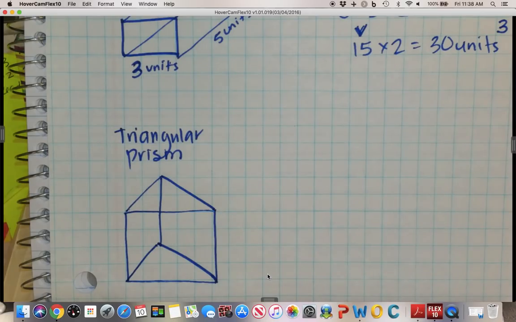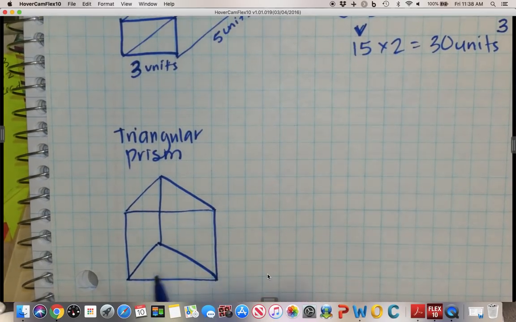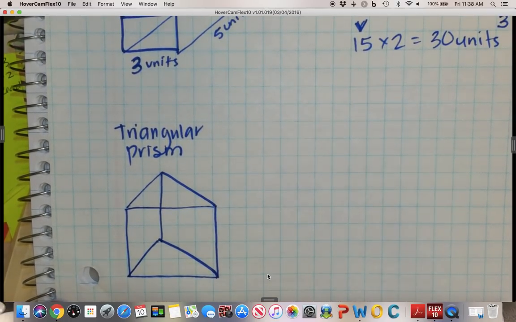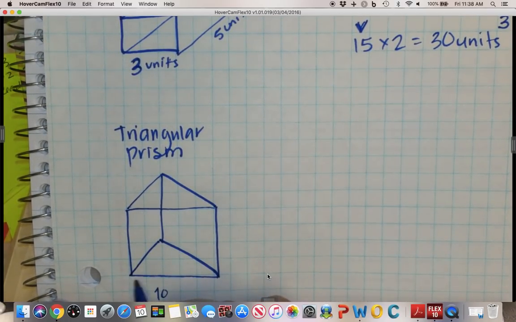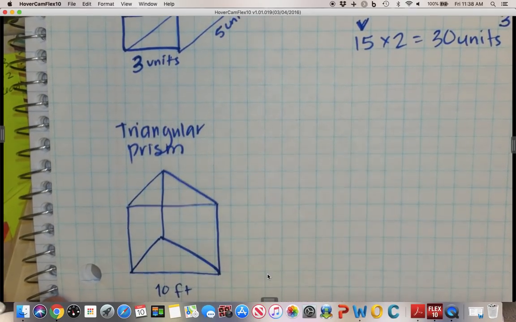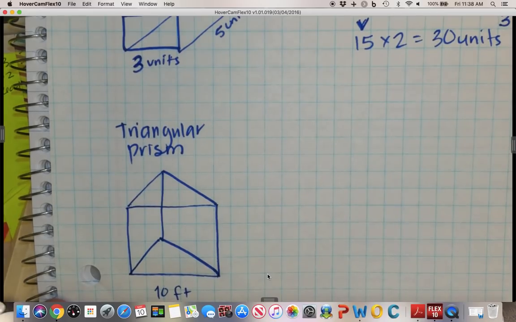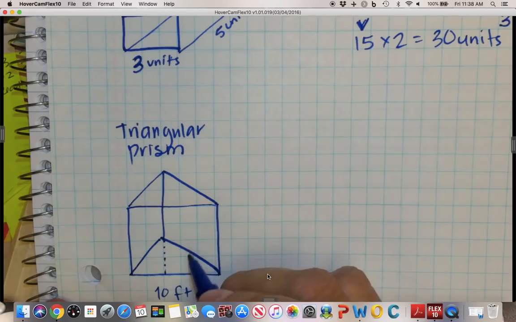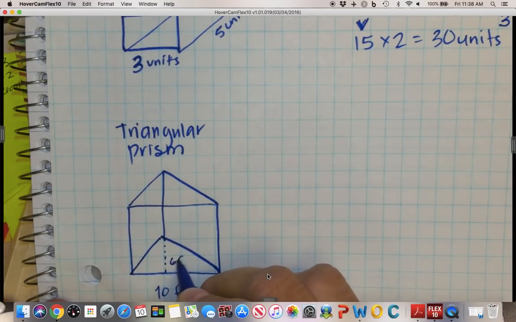And what I'm going to do is I'm going to label these. And instead of units, I'm going to give them an actual measurement. So I'm going to say this base here is 10 feet. This height is 6 feet.